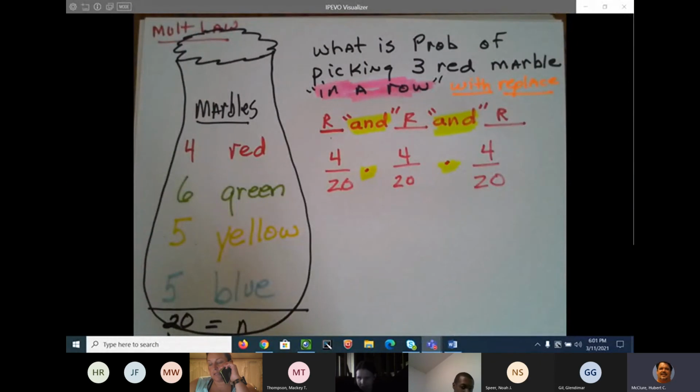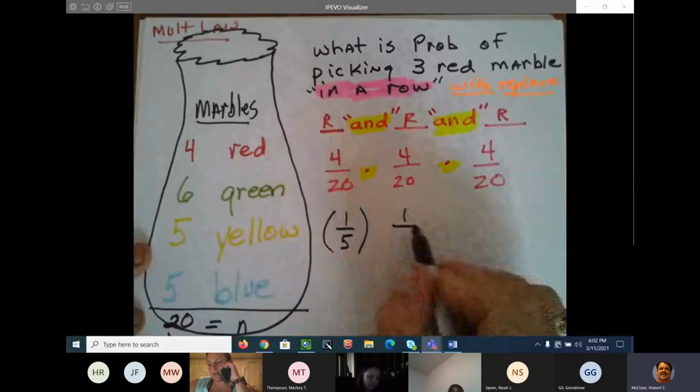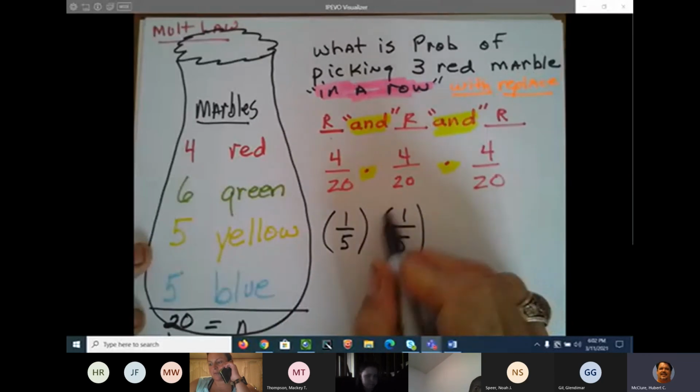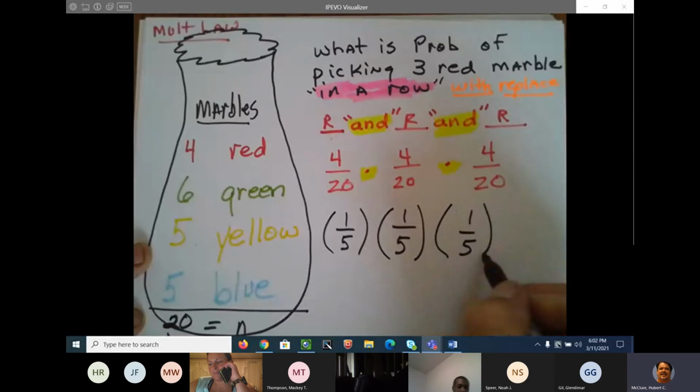Now, can we reduce 4 over 20? Yes, we can. And that's going to be 1/5. 1/5 times 1/5 times 1/5. Is there another way we can write this?